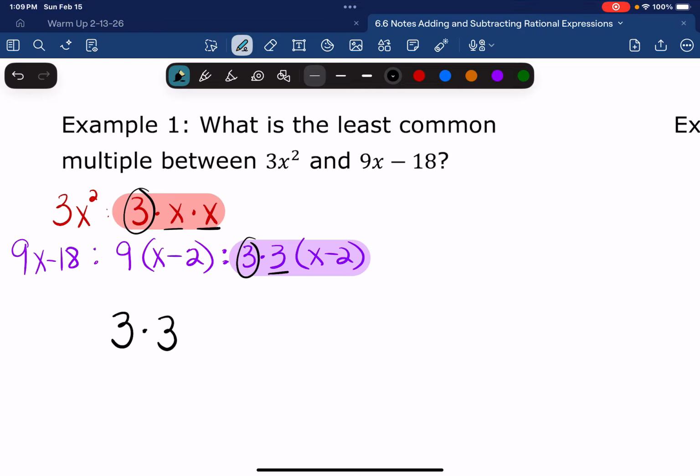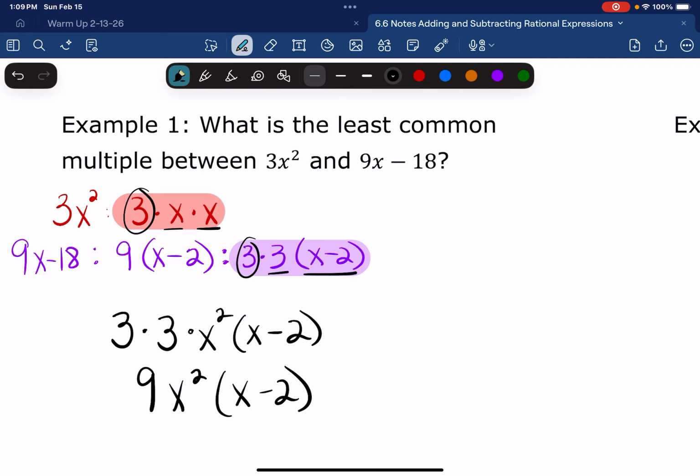Both of these x's, or x squared, needs to be listed. And then this x minus 2 needs to be listed. So the least common multiple between 3x squared and 9x minus 18 is going to be 9x squared times x minus 2. That's the least common multiple, okay?